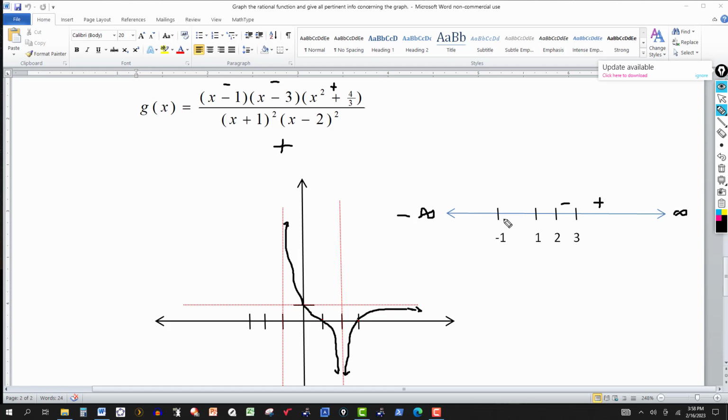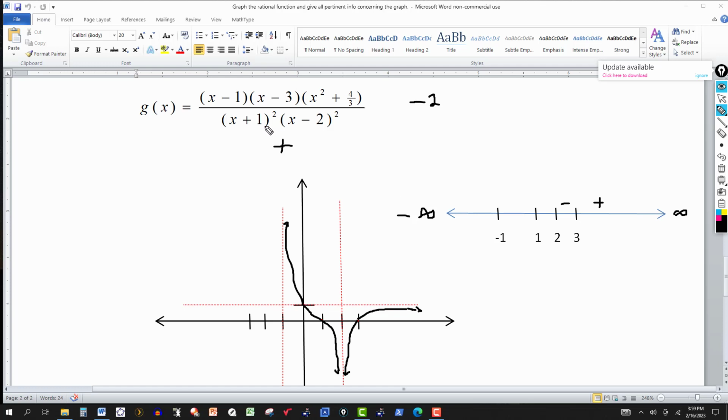So we got the interval then from -1 to 1. Now we're looking at, okay, what happens to the left of -1? That's the vertical asymptote of x equals -1. So let's plug in a number over here. So we need a number less than -1. Let's try -2. That's to the left. So it's going to take care of all this area over here to the left in this interval here.